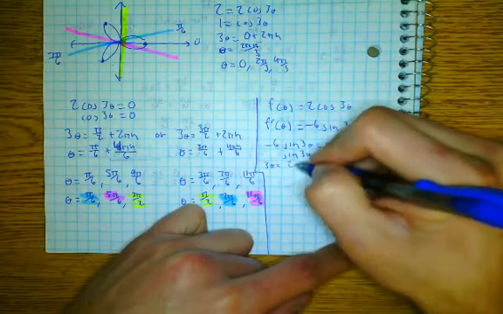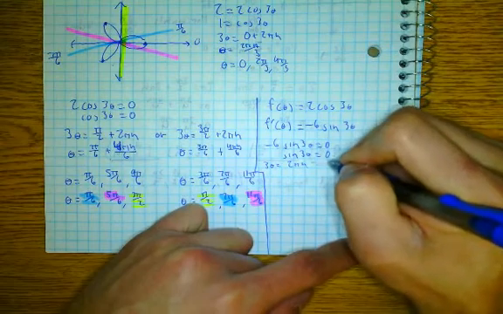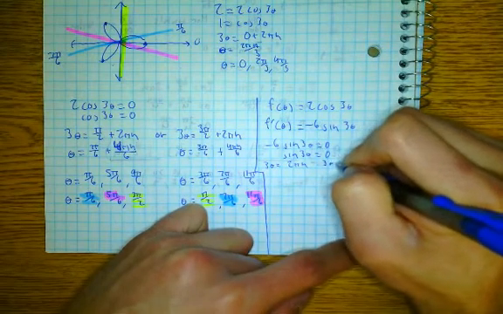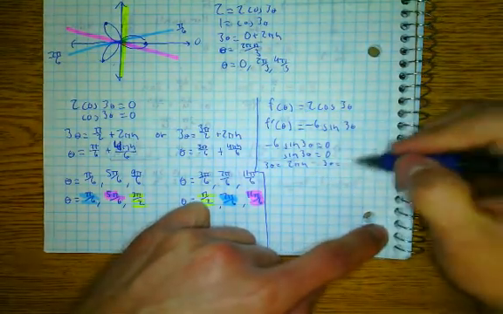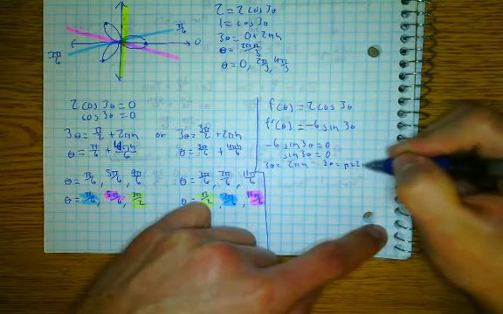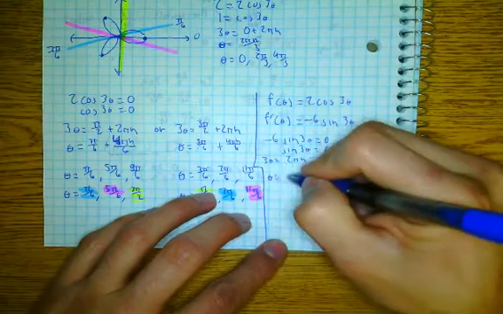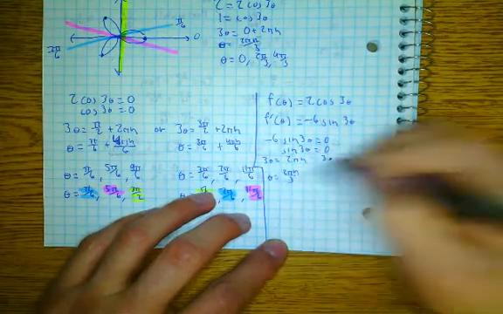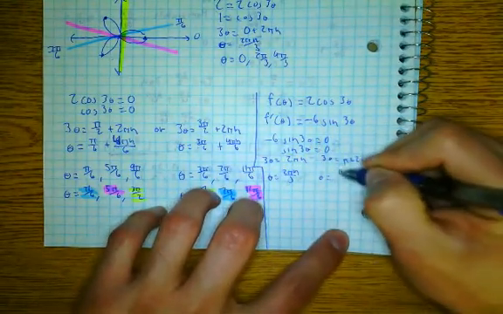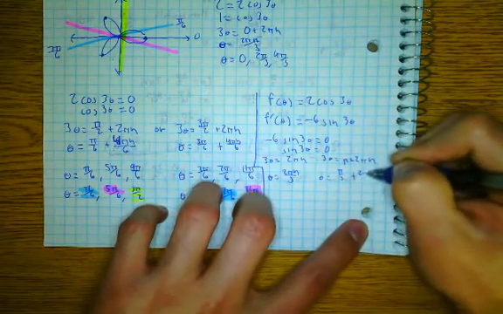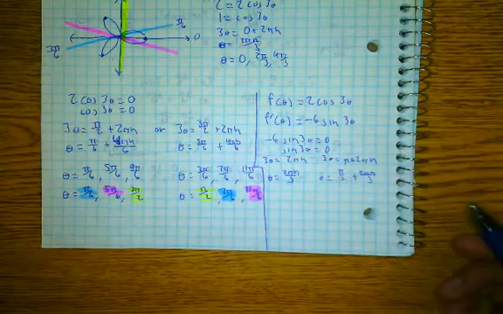At 0, so 2 pi n. And at pi, right? So if I divide by 3, theta equals 2 pi n over 3, and theta equals pi over 3 plus 2 pi n over 3.